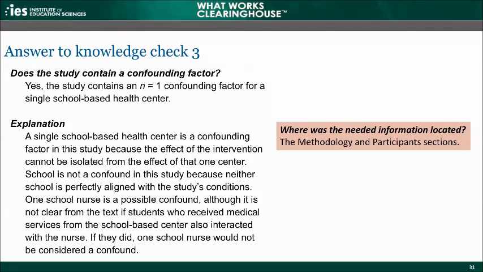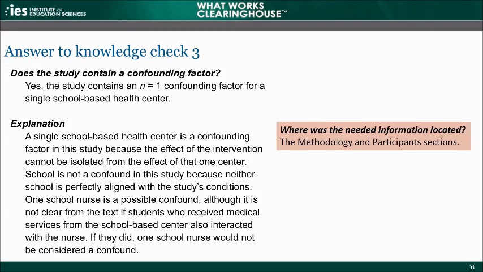Notice also, one school nurse is a possible confound, although it is not clear from the text. Remember, in the classification of a confound, one of the filter questions is that there has to be evidence in the study. And what we're saying here is one school nurse is a possible confound, although it is not clear from the text that students who receive medical services from the school-based center also interacted with the nurse.